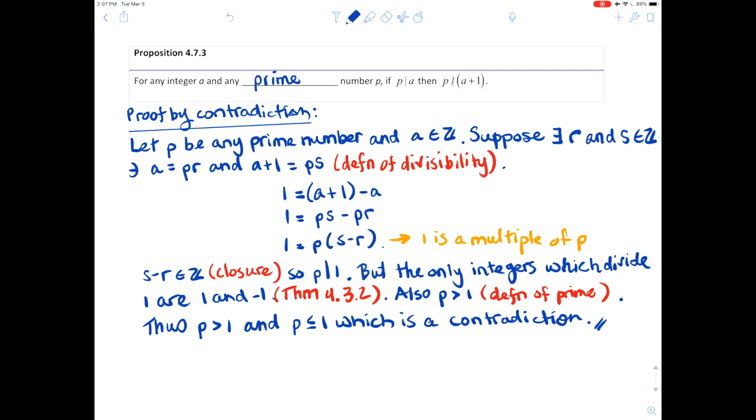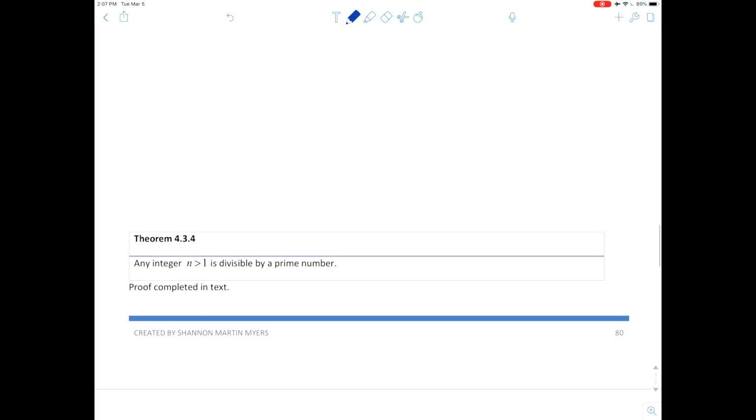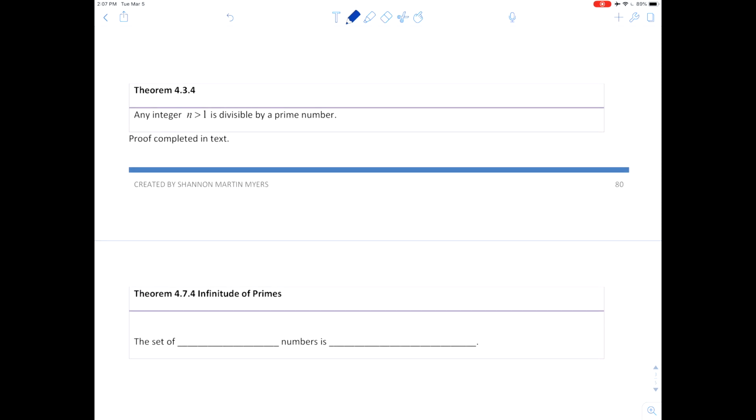Cool? Okay, so next up, let's examine, I just put this theorem out there again. We didn't actually prove it, but I had told you that the proof was in the text, okay? So any integer n that's greater than 1 is divisible by a prime number. Okay?